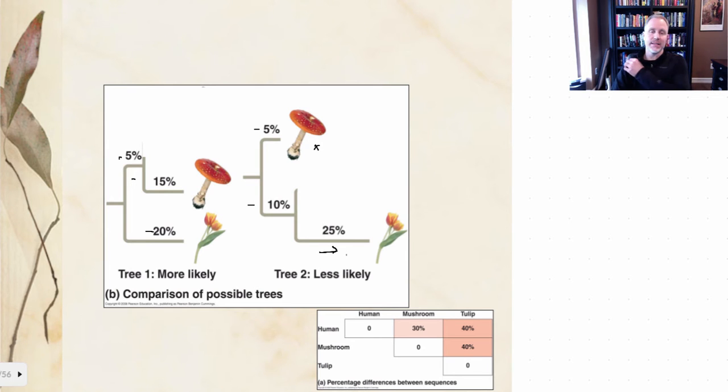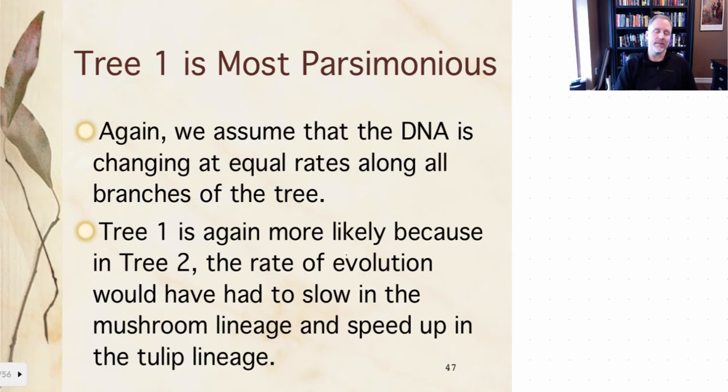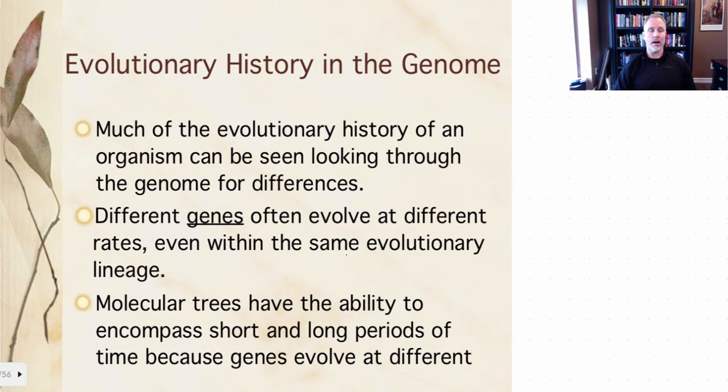It doesn't mean it didn't happen, but it's not as likely of an outcome. And again, this is the explanation for tree 1 being more parsimonious, because we have to assume that they're evolving at the same rate.